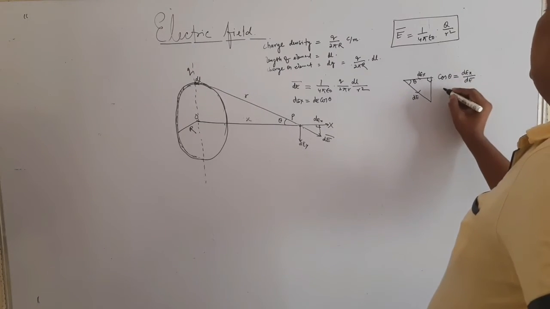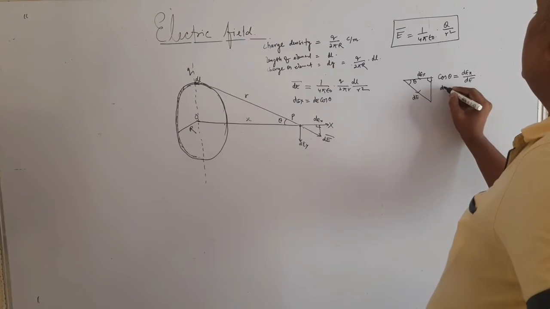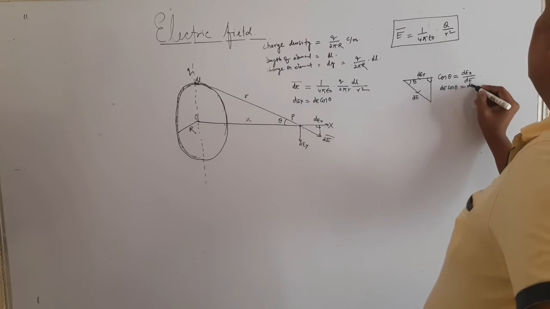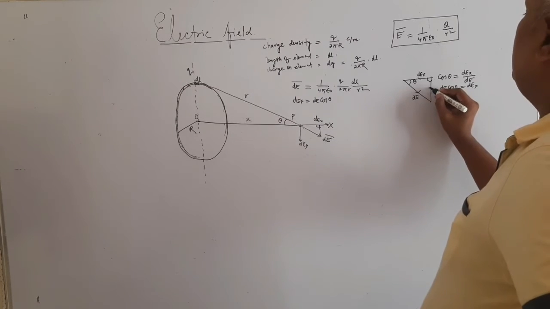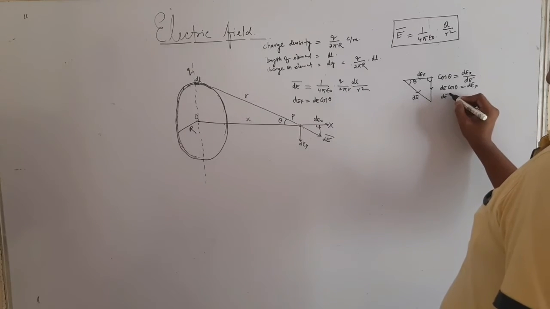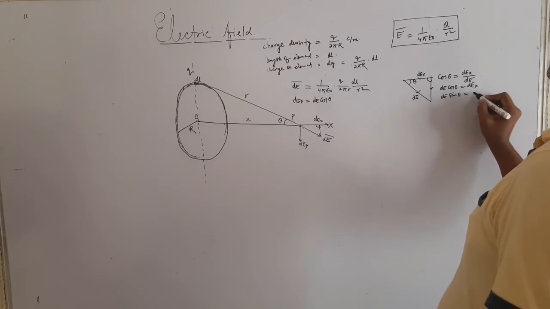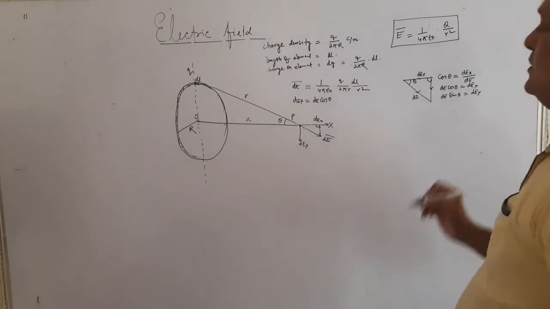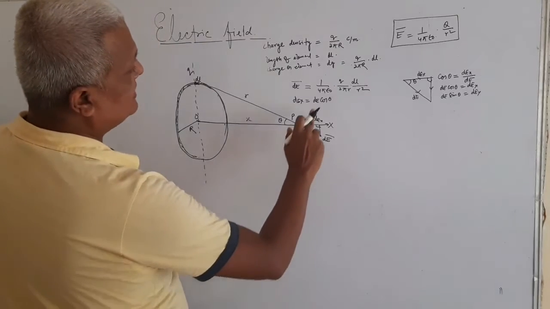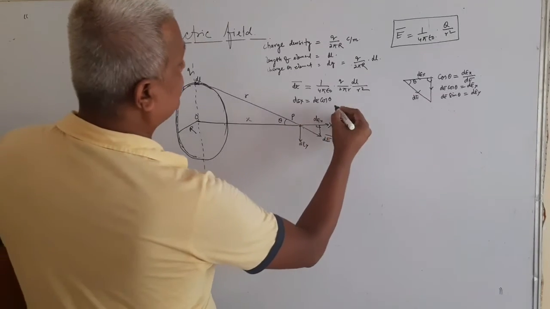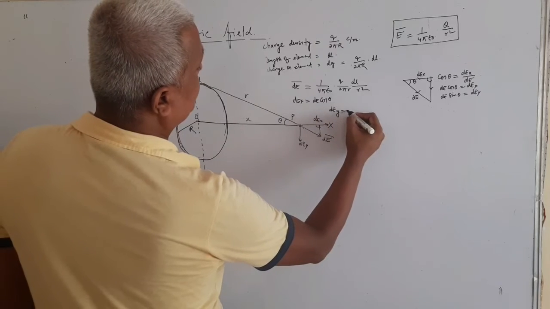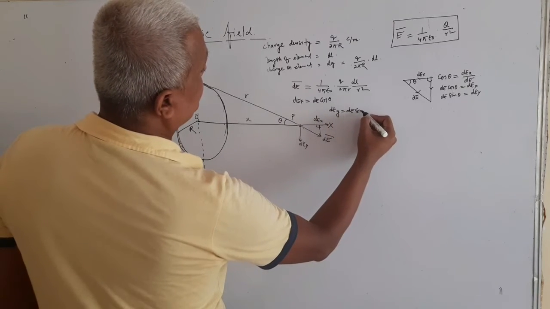So dE cos theta will be dEx, and this part is dEy. So dE sin theta will be dEy.